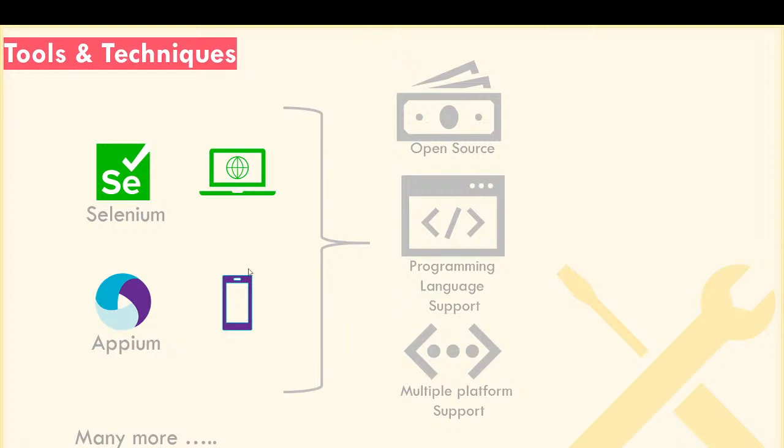So you need to design your automation scripting in such a way that you can execute it on different platforms with the same script. That is optimization and architecture decision making, which come into the picture. But here, Appium is mostly used for mobile app testing, and Selenium is mostly used for browser application testing.